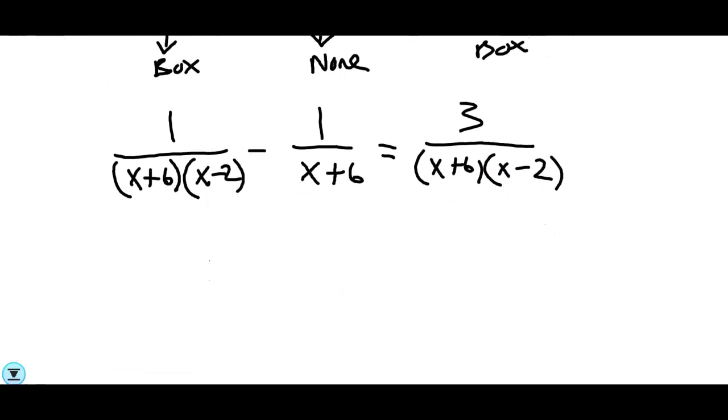Okay, so at this point, let's go ahead and just go through it together. Gabriella, what do I do next? Okay, so Gabby wants us to start by multiplying everything by x plus 6.